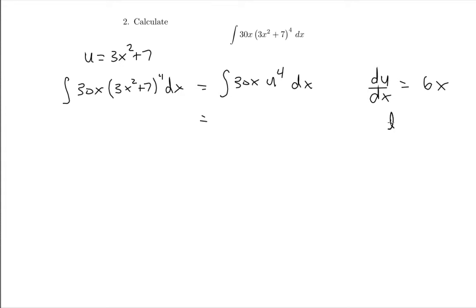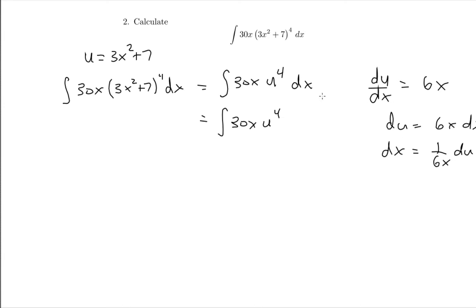So we get du is equal to 6x dx. And then again, what we want to do is solve for the dx. So I'm just going to write dx by itself, and this is 1 over 6x du. So now wherever I see a dx in my question, I can replace it by 1 over 6x du. So I'm going to rewrite this as 30x u to the power of 4.